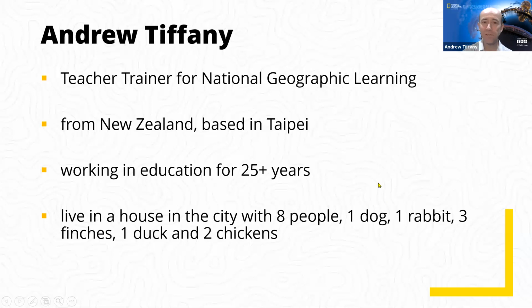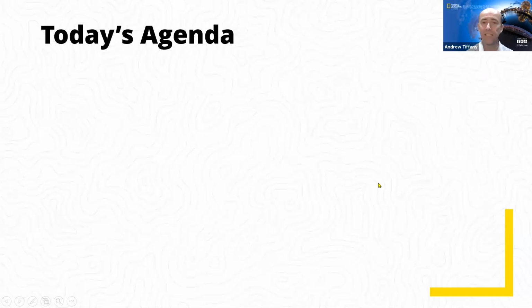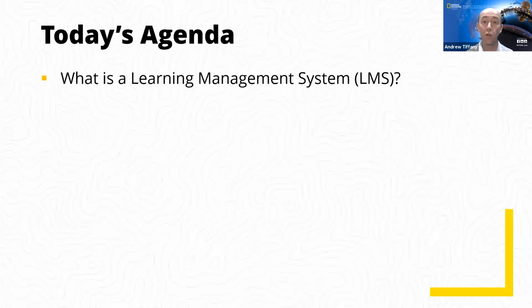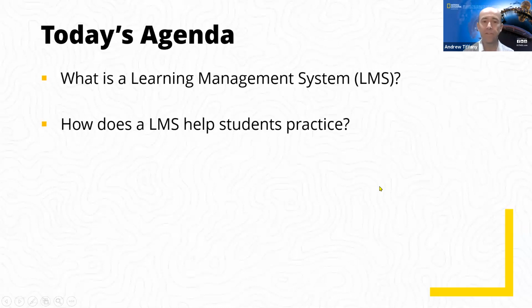But anyway, let's talk about what we're going to do today. Today we're talking about learning management systems, and we're going to talk at the beginning about what a learning management system is. And then after that, we're going to look at the different benefits of this. So how does a learning management system help students to practice?